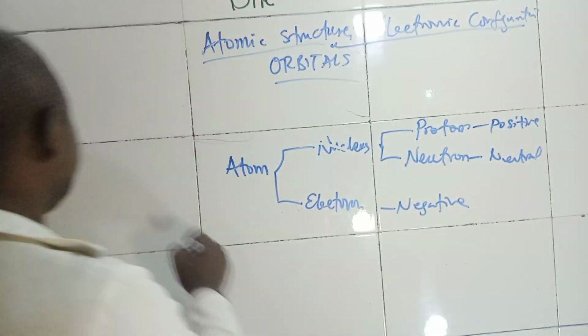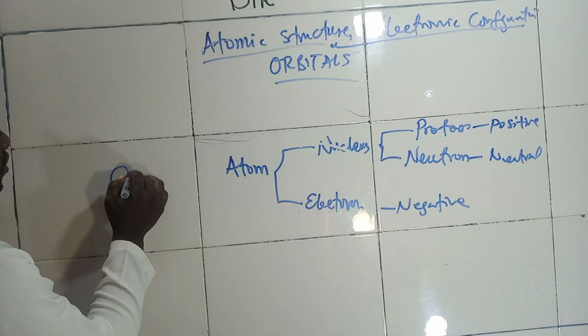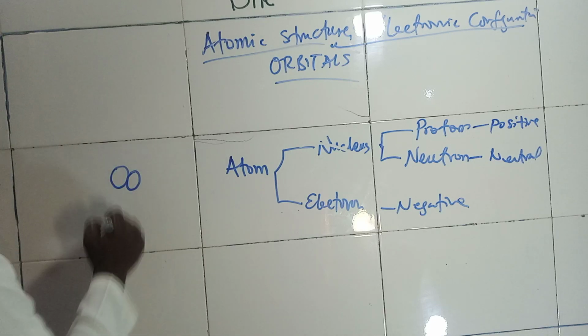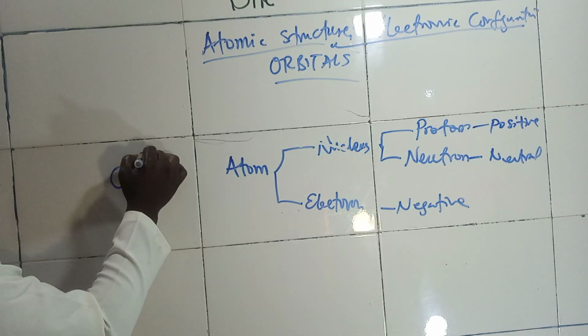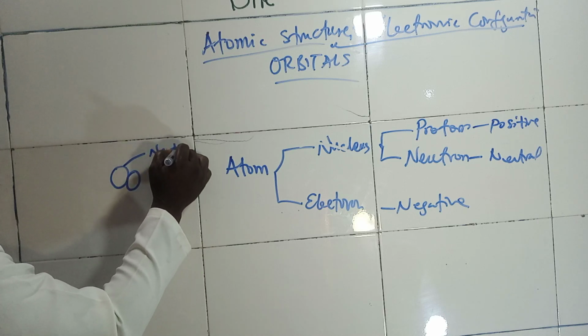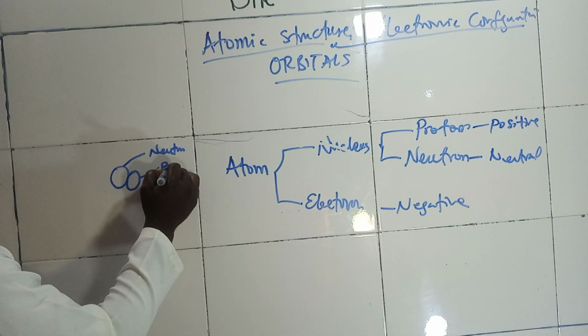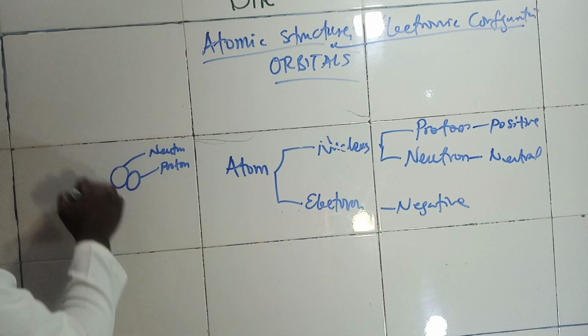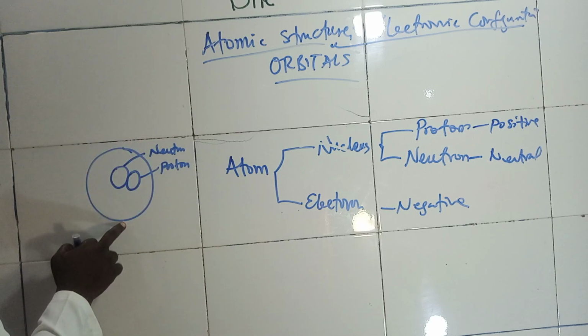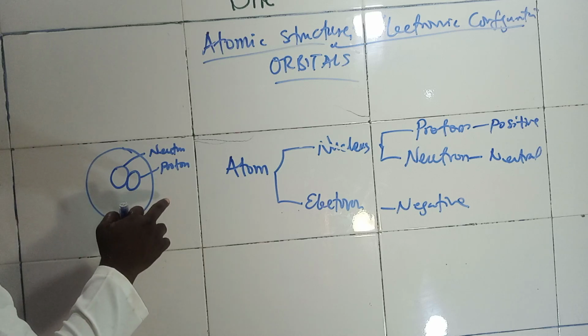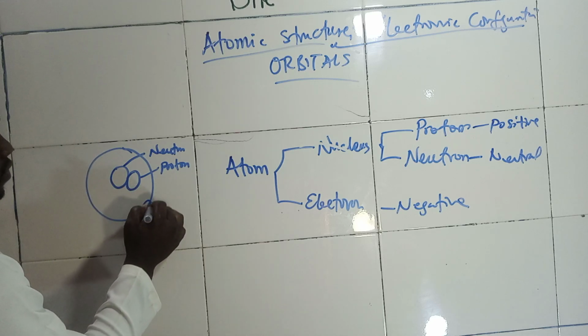This is your shell. This is the nucleus. In the nucleus, you have the neutron and the proton. Surrounding this nucleus is a shell. We call it the K shell, which is housing the electron.